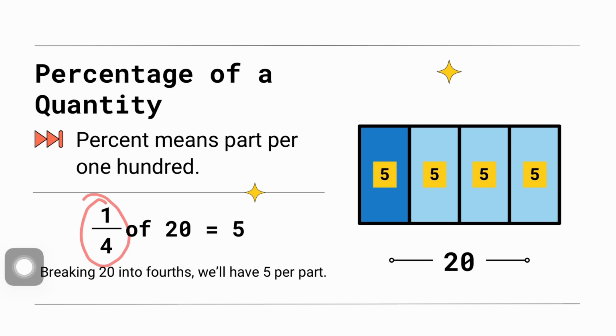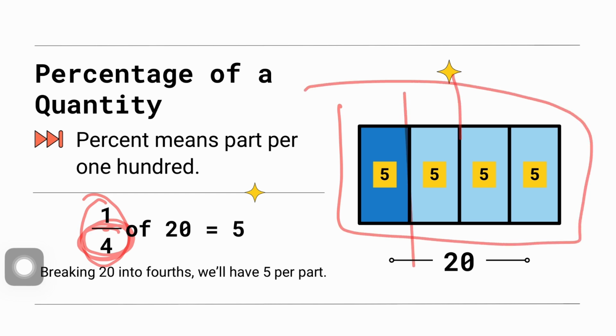Why do we have to break it into 4 parts? Because our denominator is 4. So that means 20 divided by 4 will give us 5. So 1/4 of 20 is 5. That means 1 part of this is equal to 5.